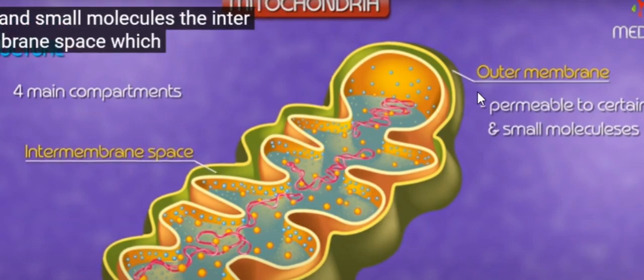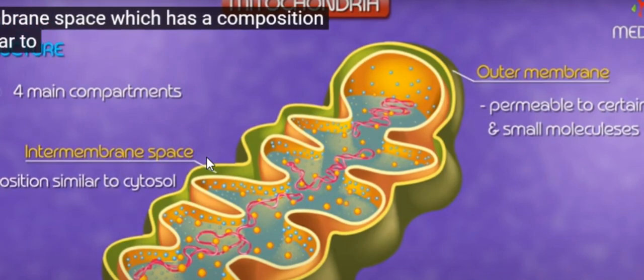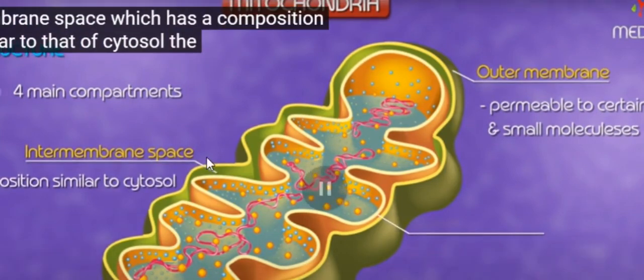The intermembrane space: the space present between these two membranes is called the intermembrane space. It has a composition similar to that of cytosol, and it is filled with the fluid present in the cytoplasm.